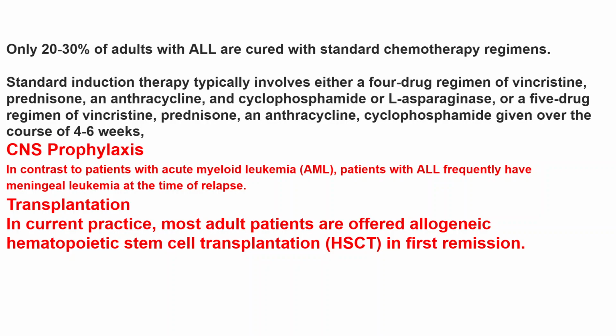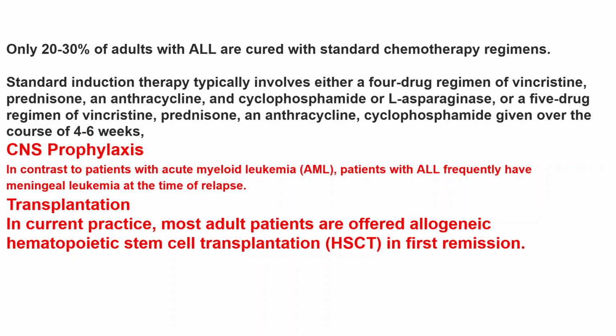There could be a treatment of CNS prophylaxis, unlike in acute myeloid leukemia. In acute lymphocytic leukemia, they tend to develop meningeal leukemia, particularly when it recurs, and hence in such conditions CNS prophylaxis in terms of anti-epileptic drugs, or drugs which may help in the reduction of the cerebral edema like the diuretics, may be indicated.